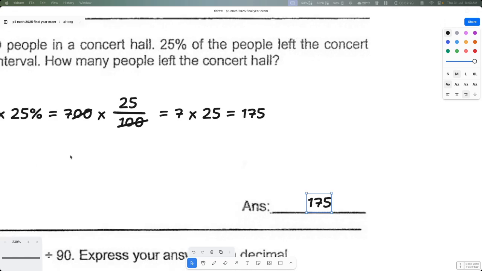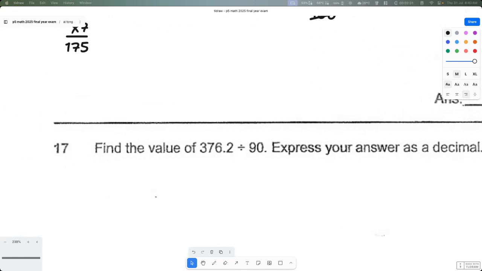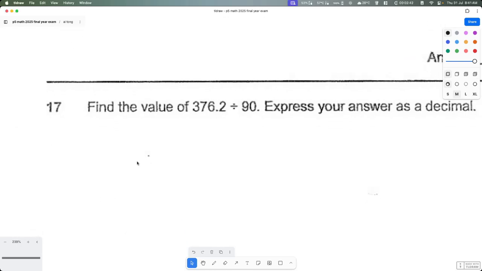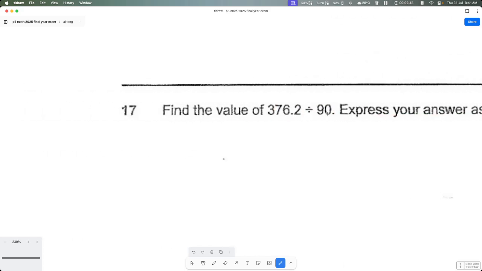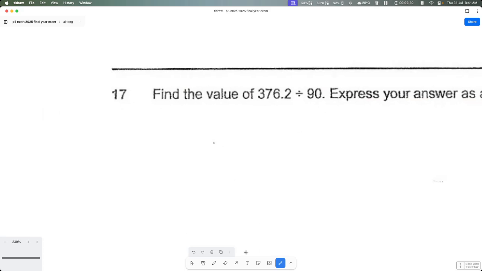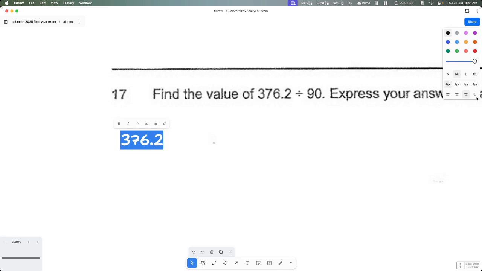All right, let's move on to question number 17. Question number 17 says find the value of 36.2 divided by 9. Express answer as a decimal. So for this, what we can do, I'm just going to write here 376.2, right? And then we divide it by 90. Wait, by my 90.